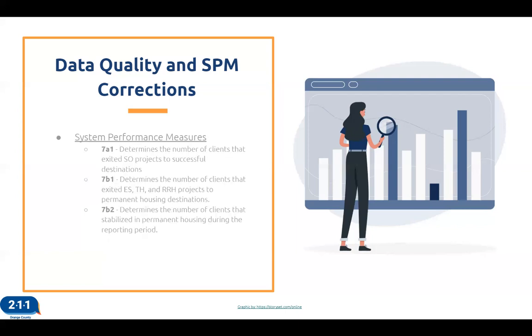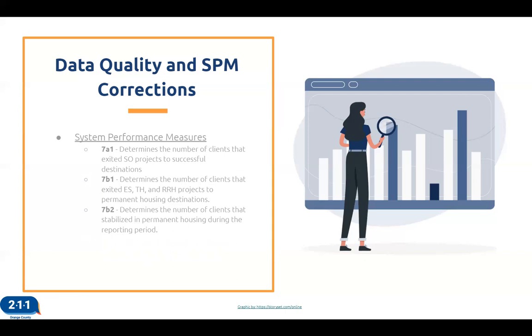And next slide, please. And then we have measure 7, 1A. It determines the number of clients that exited the street outreach projects into successful destinations. B1, it will determine the number of clients that exited the emergency shelters, transitional housing, and rapid rehousing projects into permanent housing destinations.